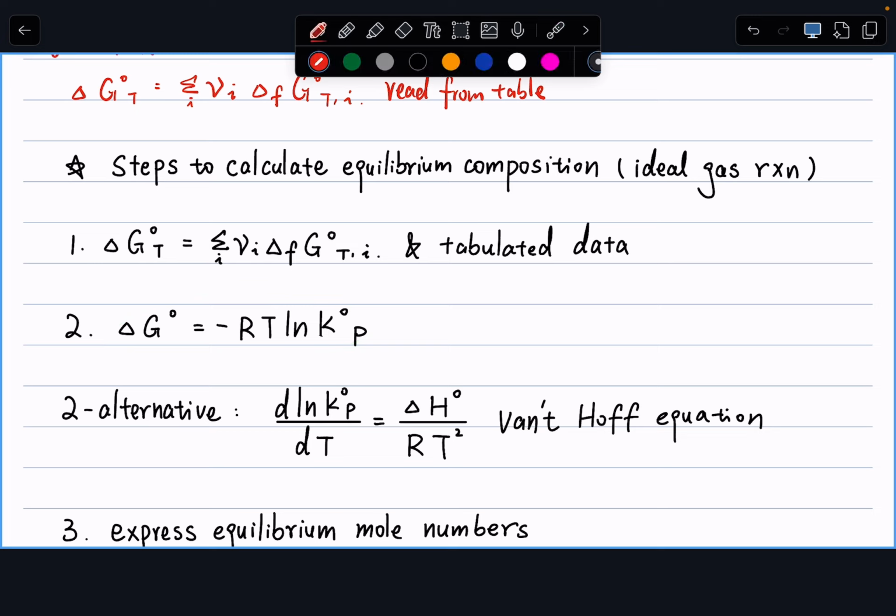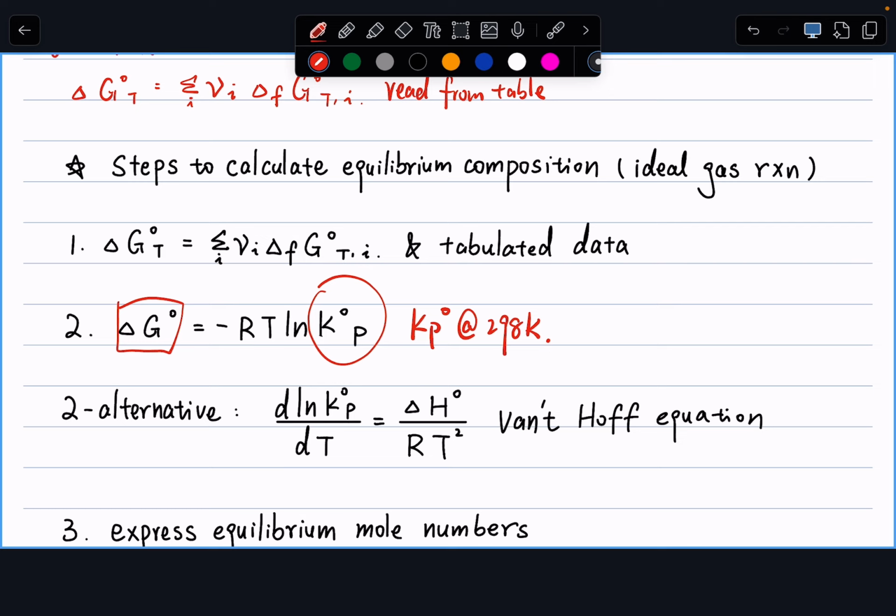Now here is the first point where things might get a little bit more complicated. Note that the Kp naught here is the Kp naught at 298 Kelvin, because in our thermodynamic table, the Gibbs free energy of formation values are measured at 298 Kelvin.